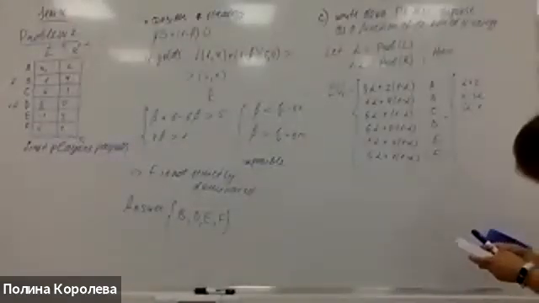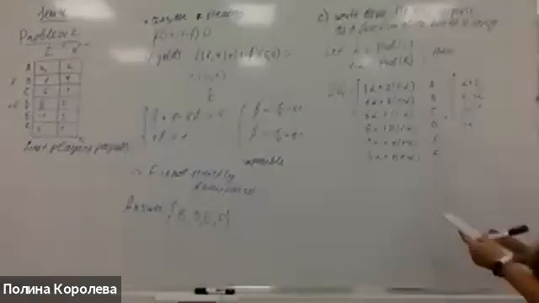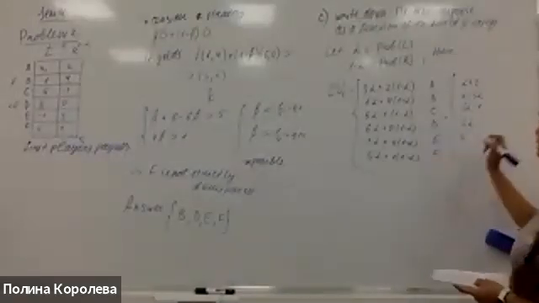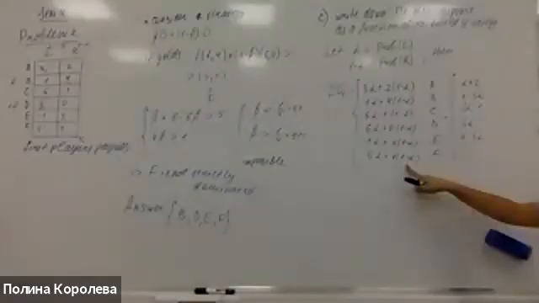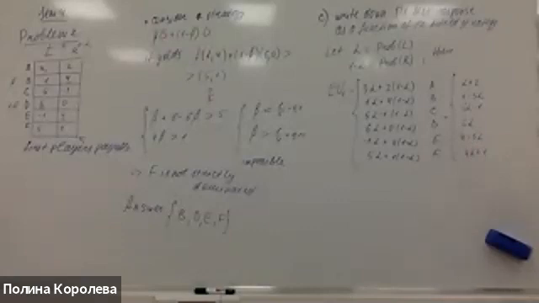Here's 6 alpha. Then 4 minus 5 alpha. Here, 4 alpha plus 1.